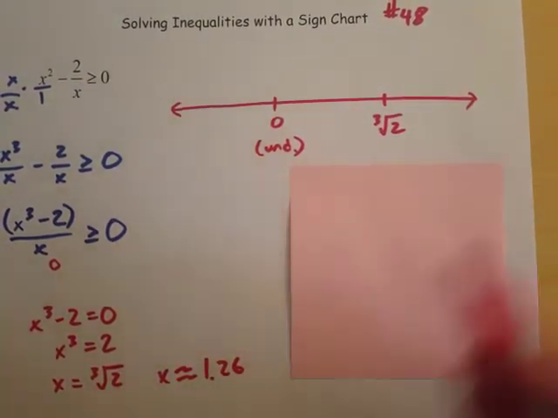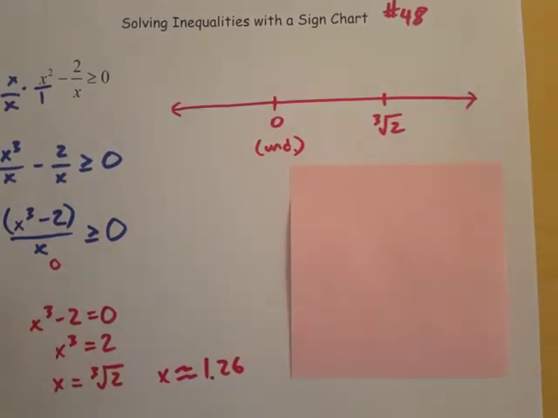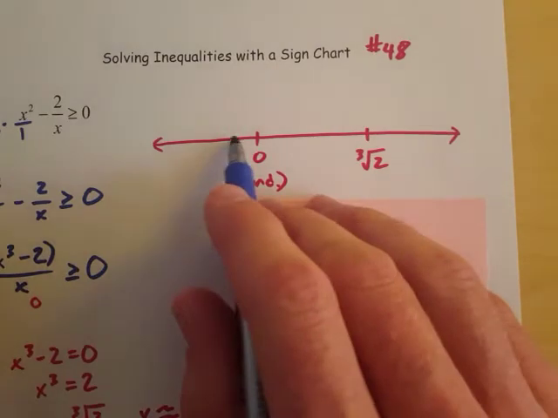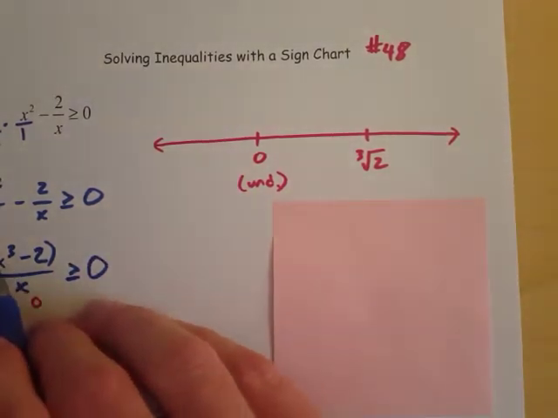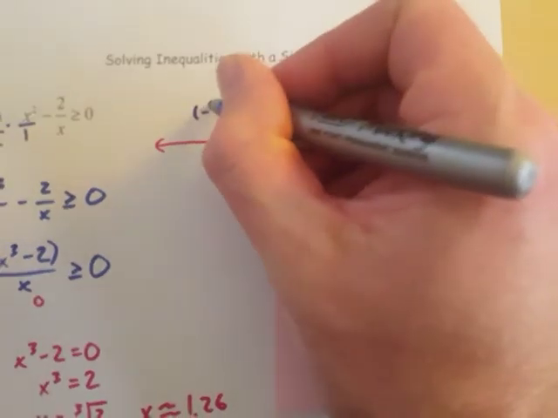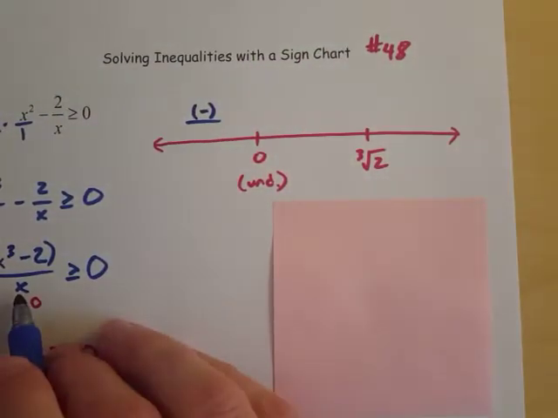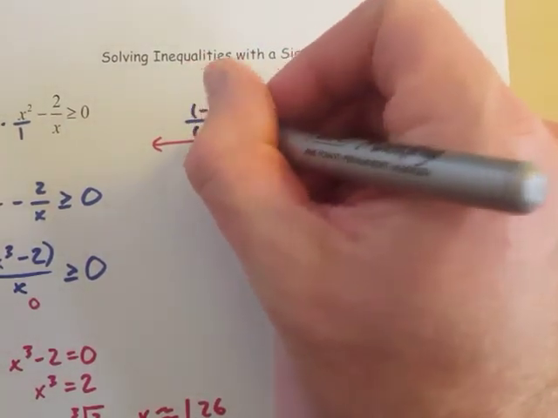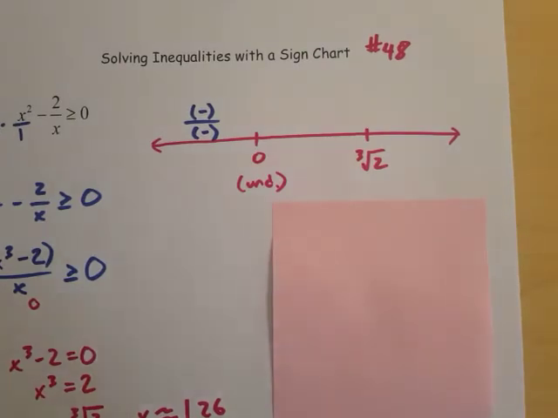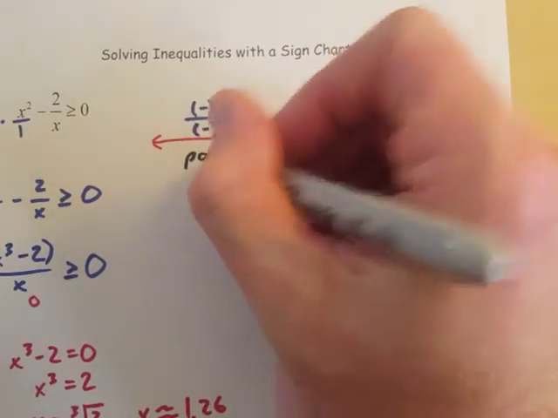So now we have to do our test points as before. We start with, well, let's say -1. If we do -1 cubed minus 2, so -1 cubed is -1, minus 2, that's going to be a negative on top, and then negative on the bottom. So that means that this interval, negative divided by negative, is a positive.